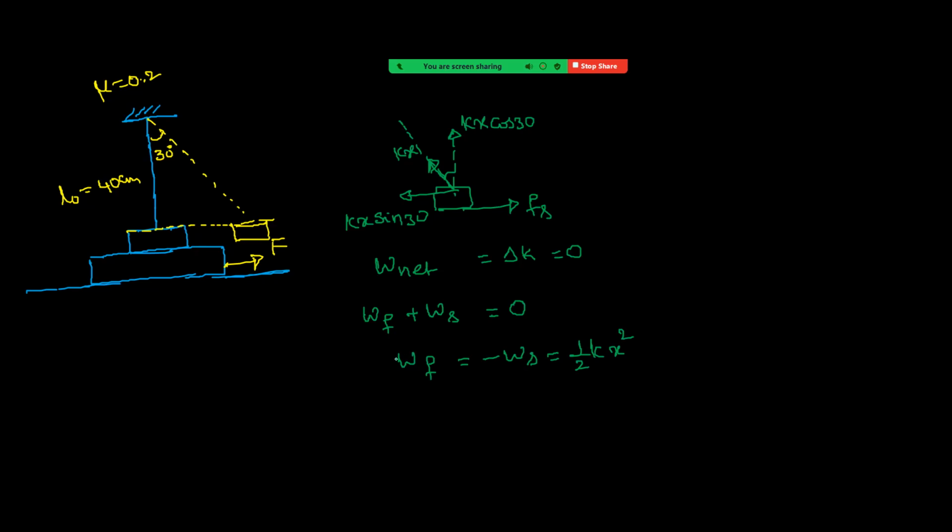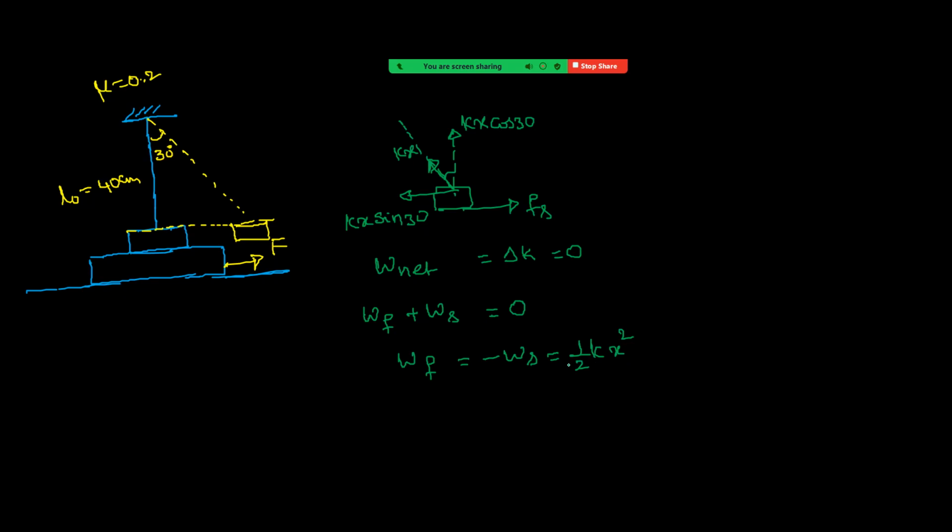So the work done by the frictional force is converting into the elastic potential energy. That means now we have to focus on what is x and what is k. So I hope you got clarity here. Only by frictional force work is done and by spring force work is done. The sum is equal to delta K, that is 0. So the work by frictional force must be equal to the increase in the elastic potential energy, right?